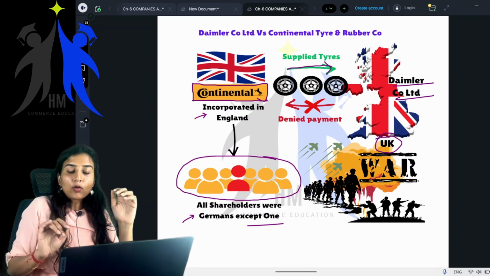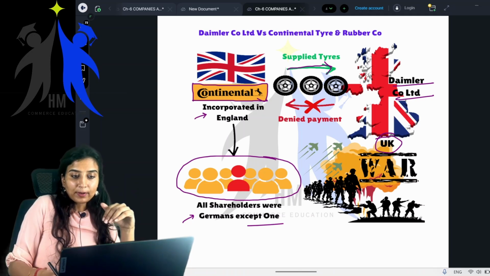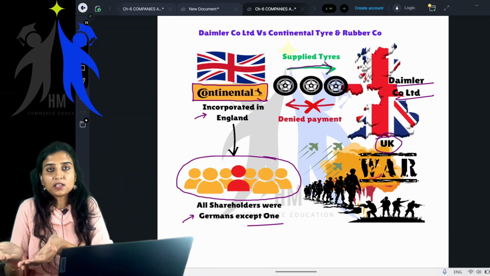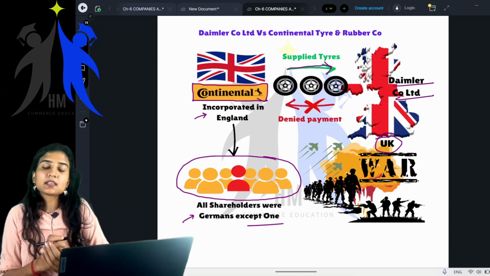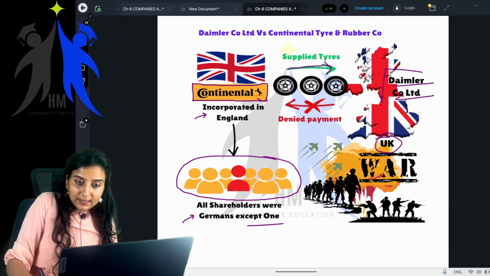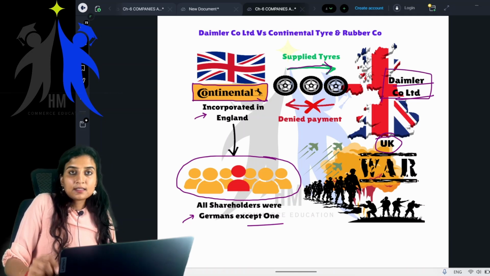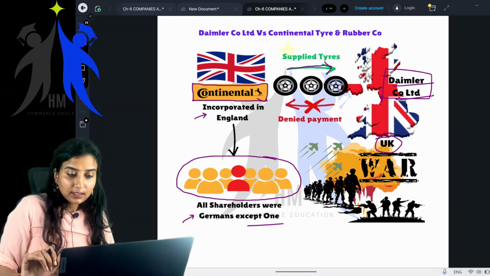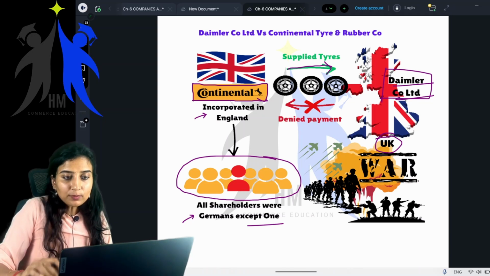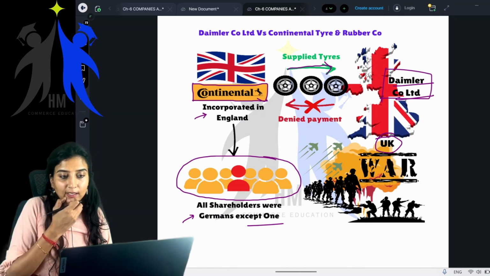Now, after it supplied tires, it asked for payment. Obviously, it supplied tires and it is asking for payment. Now, this Daimler Company says, wait, just listen. I know I have to pay you, but just listen to what I'm trying to tell you.